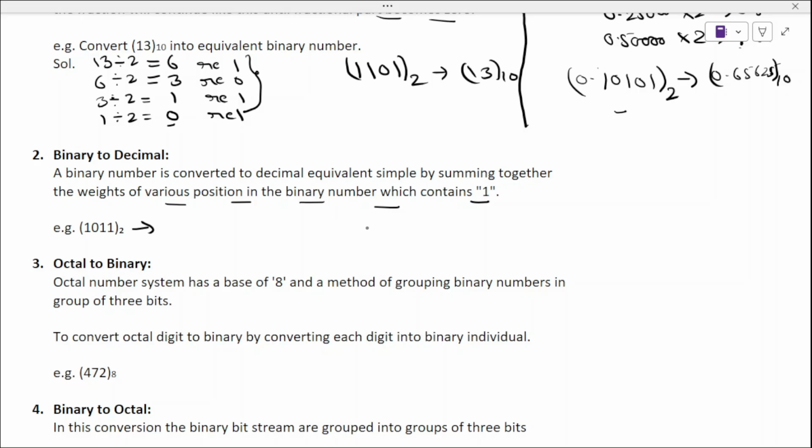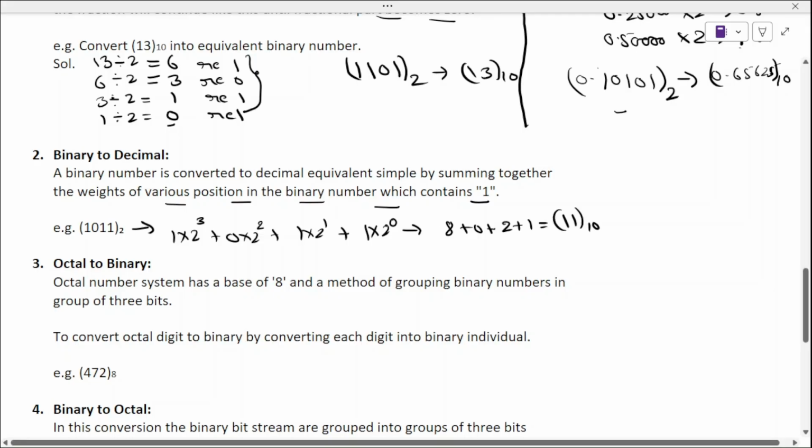Let's start from the right-hand side. 1 multiplied by 2 to the power 0, plus 1 multiplied by 2 to the power 1, plus 0 multiplied by 2 to the power 2, plus 1 multiplied by 2 to the power 3, which is 8 plus 0 plus 2 plus 1, which is 11.